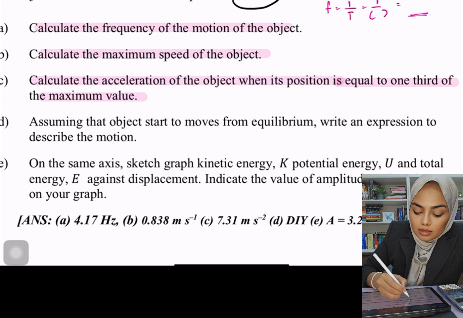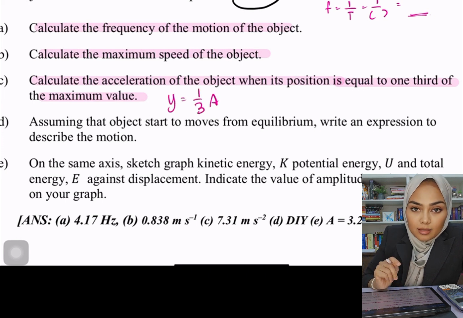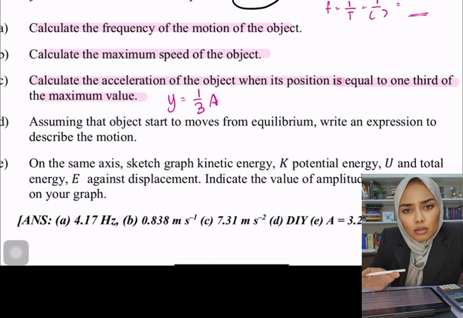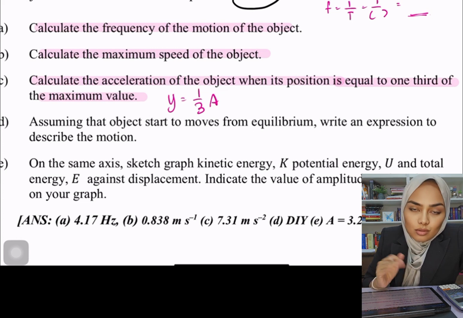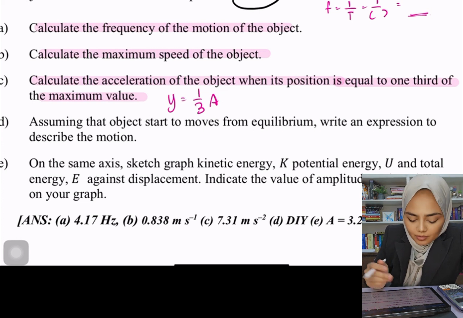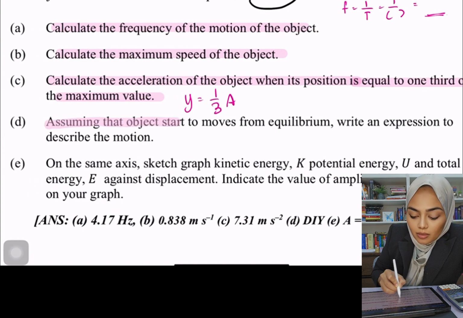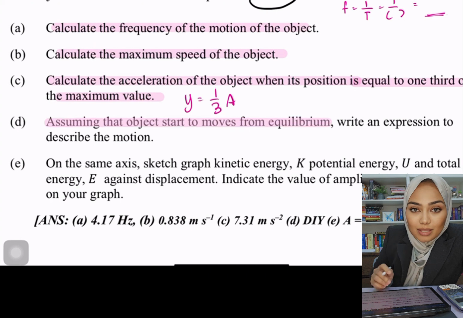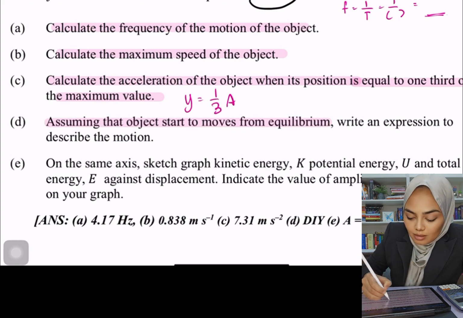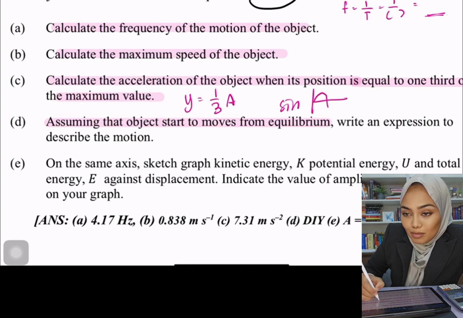So apa yang dicakap kat sini ialah bila y sama dengan 1/3 amplitude kita. So you just put it into the equation and you should get the answer. Give it a try, okay? And then question D also you can give it a try yourself, assuming that the object moves at equilibrium. Maksudnya itulah graph sine korang. Sebab graph sine kan memang sentiasa start daripada equilibrium gitu kan.